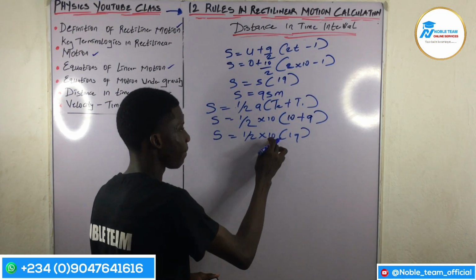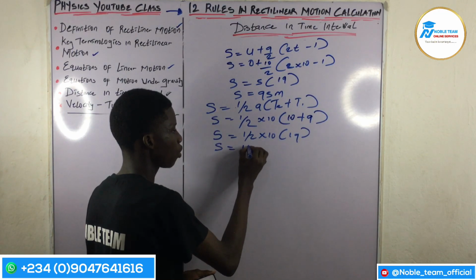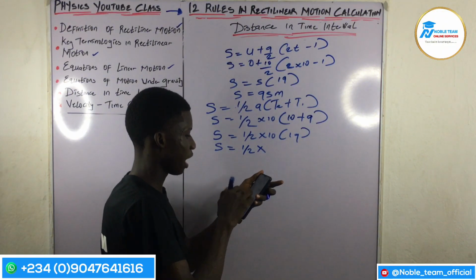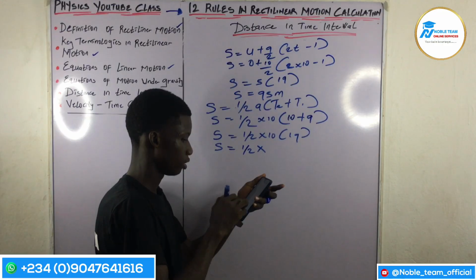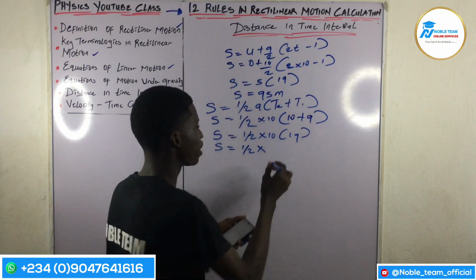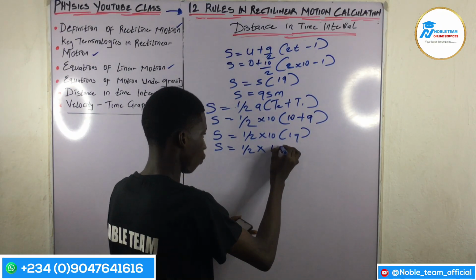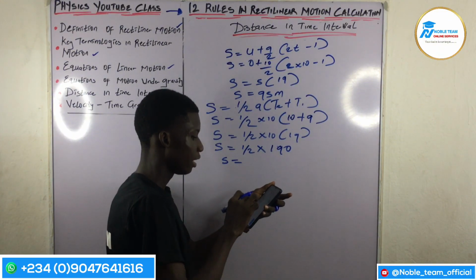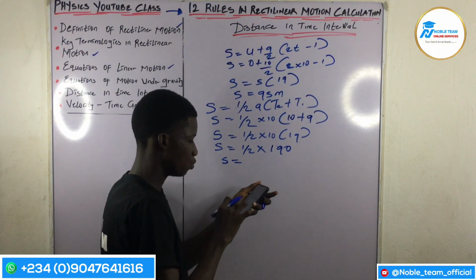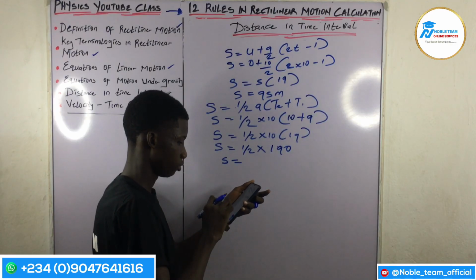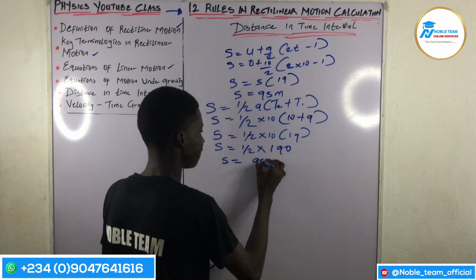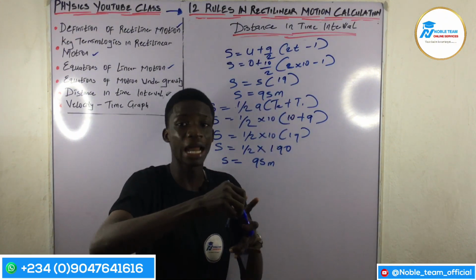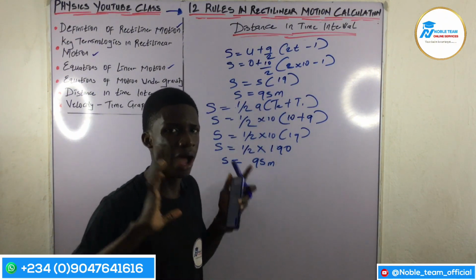Then 19 multiplied by 10 gives 190. Then s is 190 divided by 2, which is 95 meters. You can see both of them give the same answer. Anyone that you choose to solve with, you are good to go.